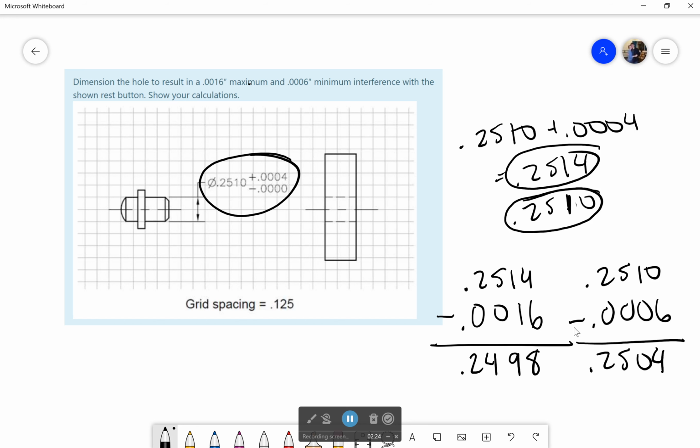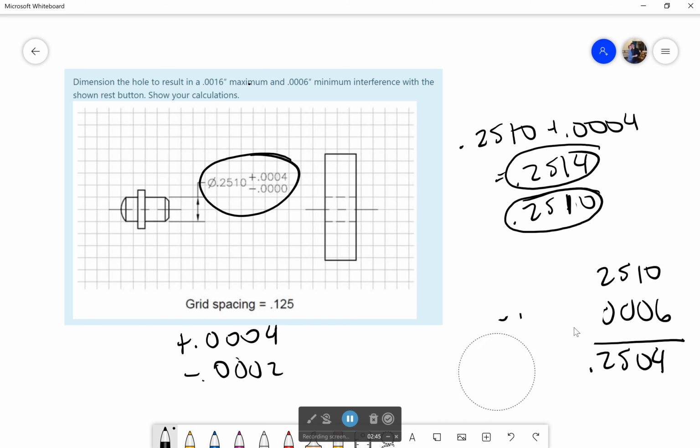Okay, so with that in mind, my tolerances on my hole would be 0.0004 up and minus 0.0002 down. Okay, that looks pretty good.